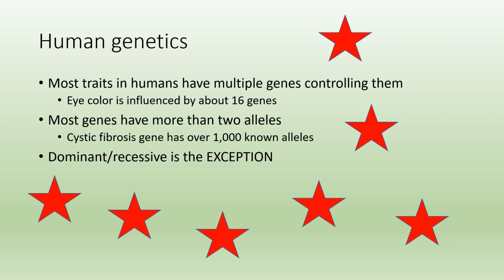Now, in humans, most traits have multiple genes controlling them. Look at all the red stars I put on this slide. This is an important slide. Eye color, there are around 16 genes that we know of that determine eye color. If it was just brown versus blue, everybody who had blue eyes would have the same color blue eyes.